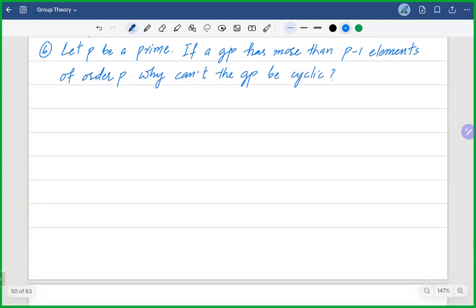Okay, this is the question. Now everybody knows that the cyclic group of order p should have p minus 1 elements of order p.